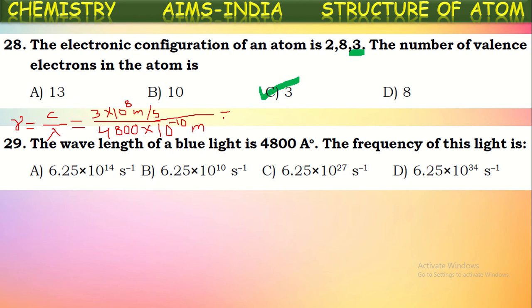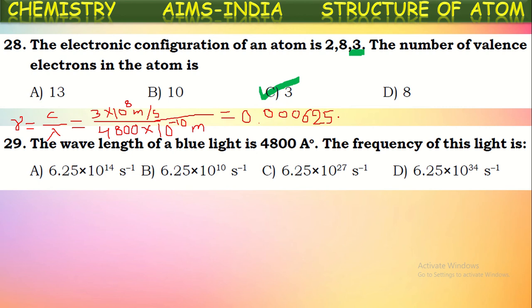So if you simplify this, what do we get? Try to calculate that now. What do we get? 3 divided by, we get it as 0.0000625.